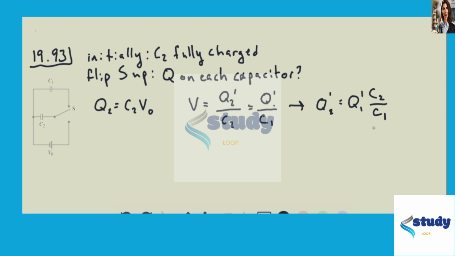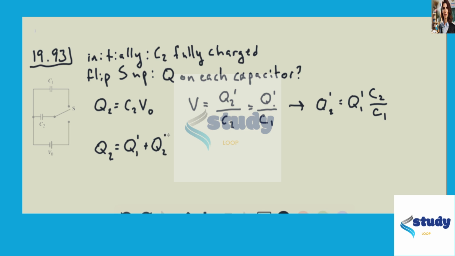So we have this, and now we also know, like I said, that the initial charge has to equal the sum of the two final charges, again because there's nowhere else for any charge to go or to come from.